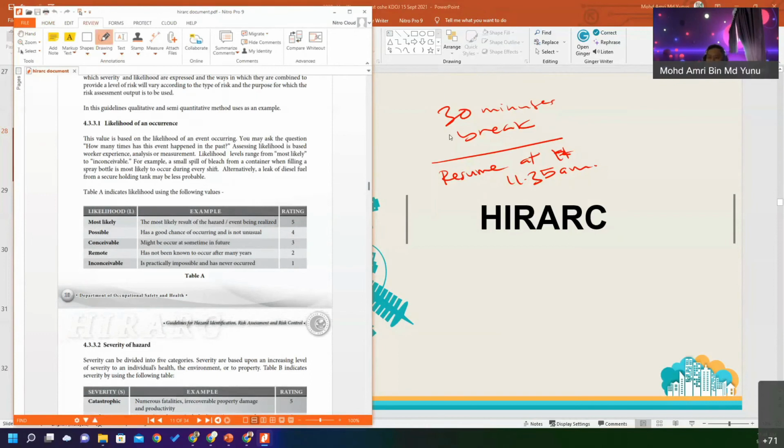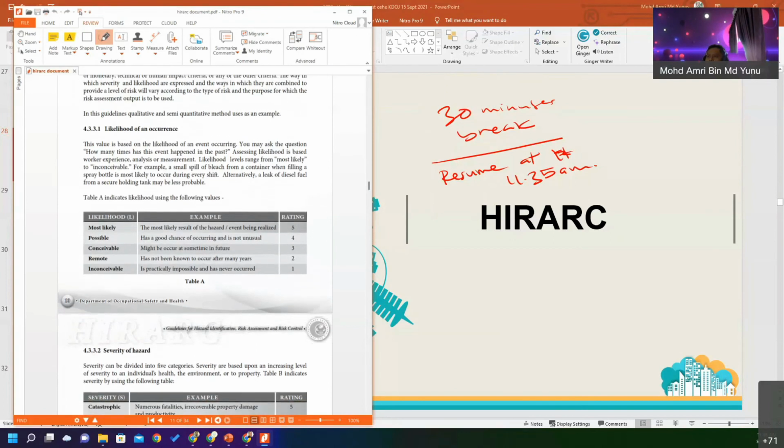Hazard is measured by calculating the risk.